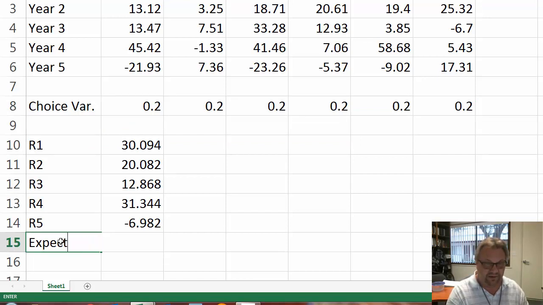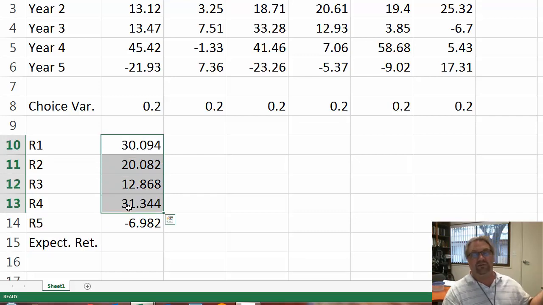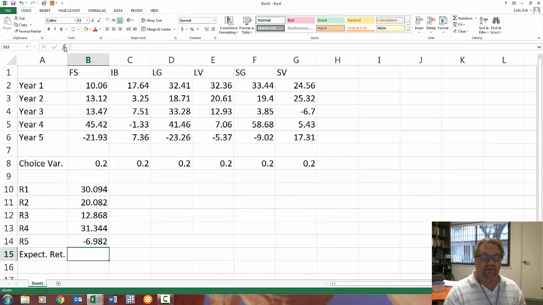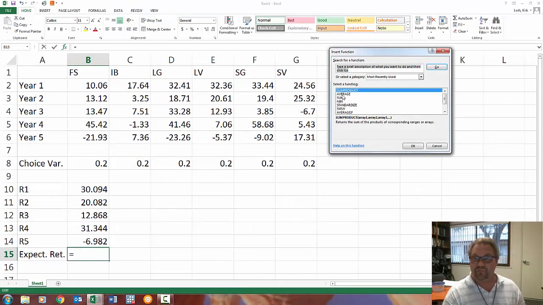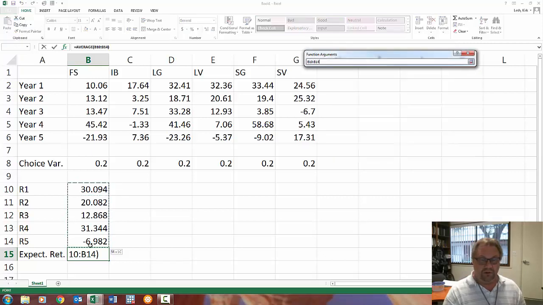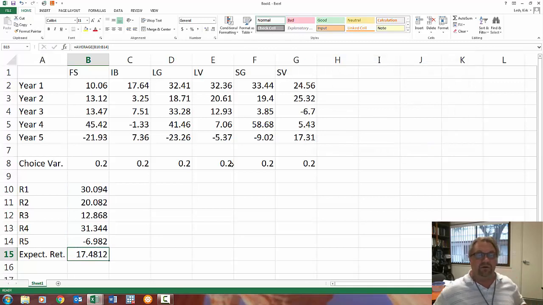I'm just going to do expected return, which is just the average of all of these returns, right? Now the reason for that is because we're going to assume that these are all equally likely. All right, so I'm just going to take the average. Okay, voila. So there's my expected return.